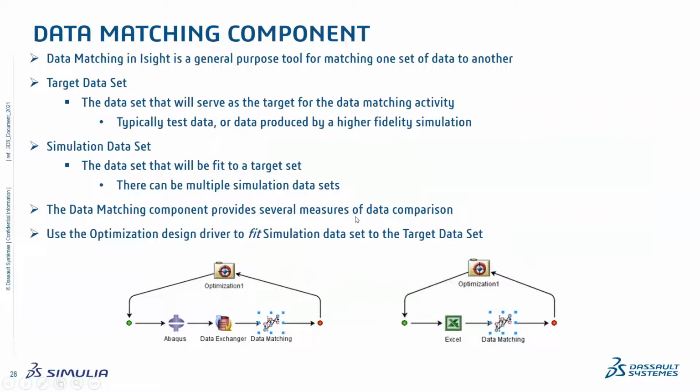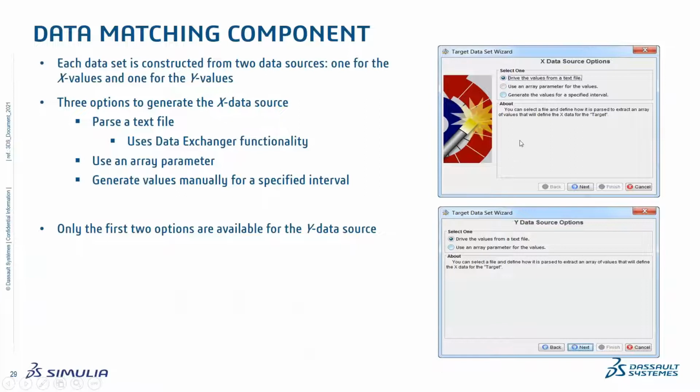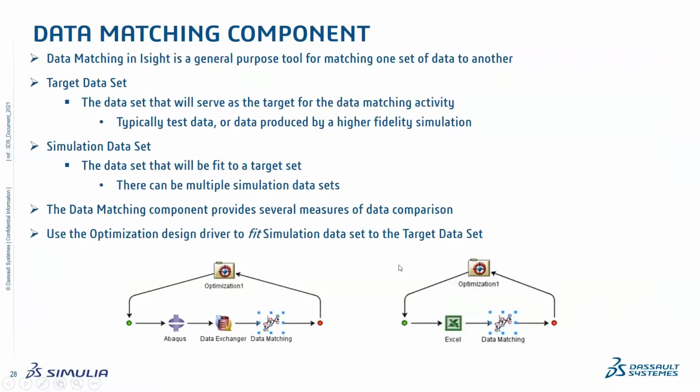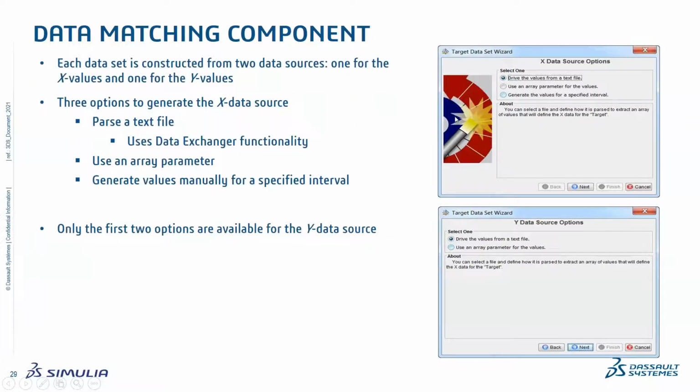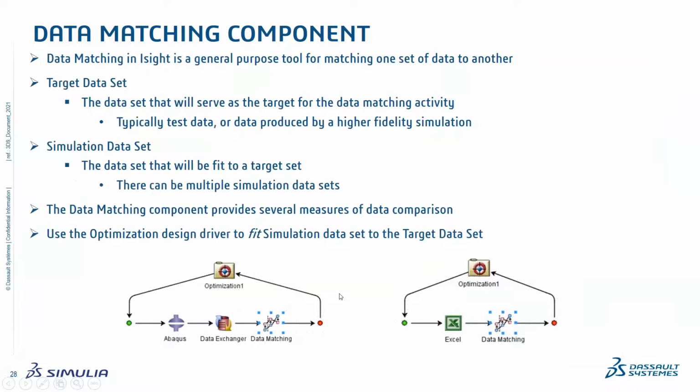Then this is another component, that is data matching. In case you are doing some level of material calibration, or you are looking to fit your test results with your simulation results by changing some parameters within the model, you can try to do it in Eyesight. This is a way of how you can configure this data matching component.